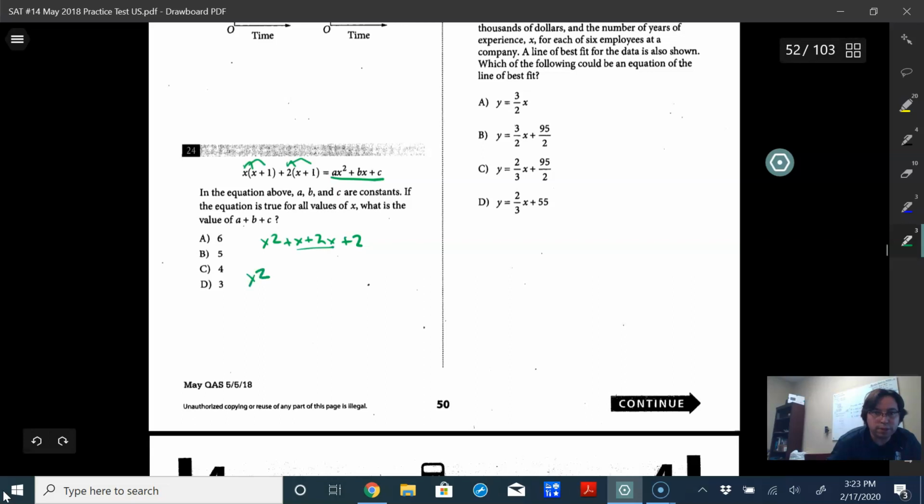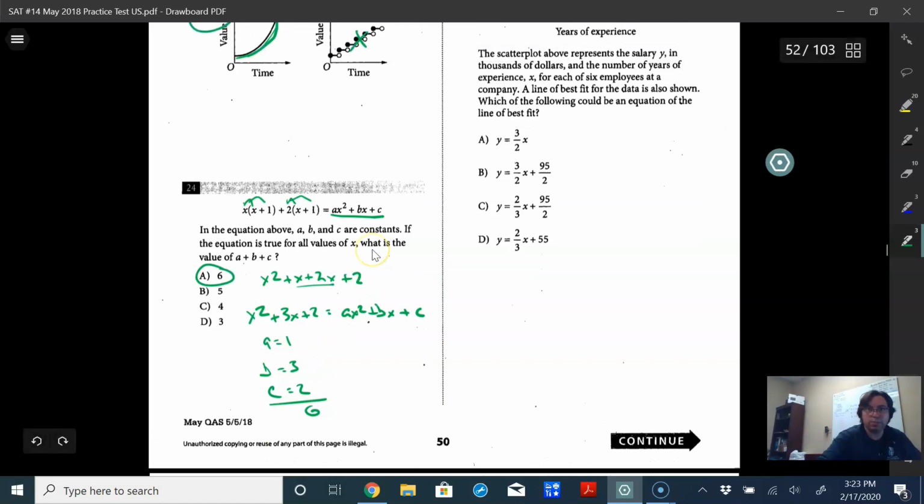We now have x squared plus 3x plus 2, which is equivalent to ax squared plus bx plus c. So a is equal to 1, b is equal to 3, and c is equal to 2. You add up all those terms, you get 6, and you can see the answer choice on 24 is A.